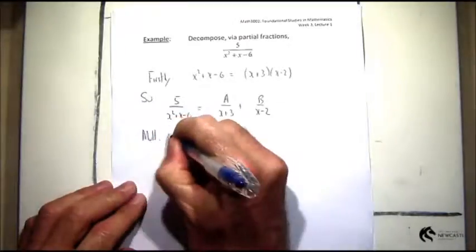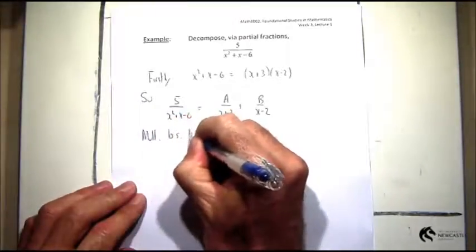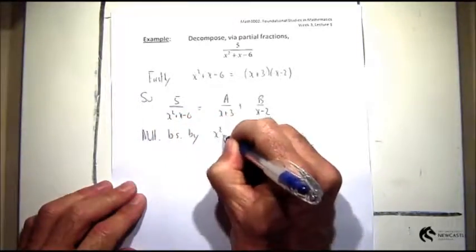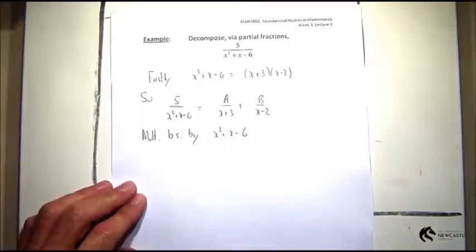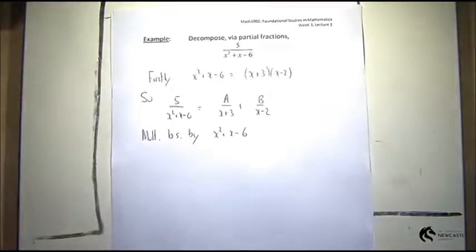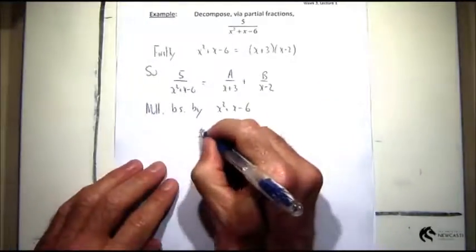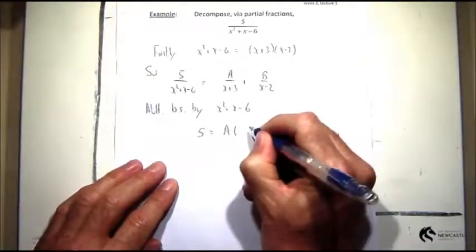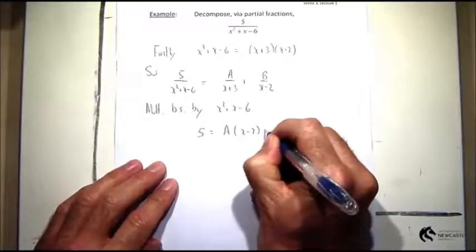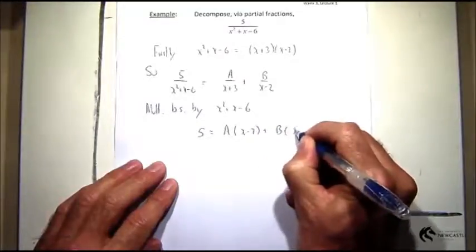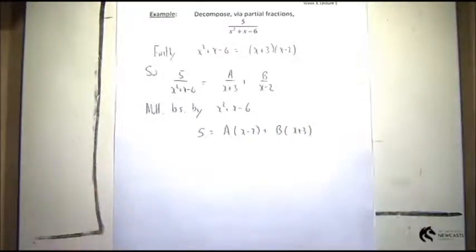When I do that, on the left-hand side I get 5. On the right-hand side I'll get a lots of x minus 2 plus b lots of x plus 3. So there you go. I skipped all the steps in the middle there. I'm trying to make it look like it's really easy.